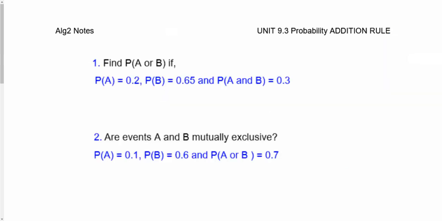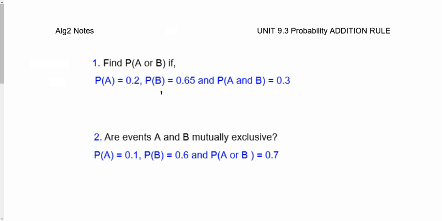So watch this. And I mean, as confusing as it sounds, it's really just substitution. So they want you to find this probability. We could use the entire formula and just substitute in the numbers and determine what the answer is or whether or not it's mutually exclusive. It's really easy. So watch this.